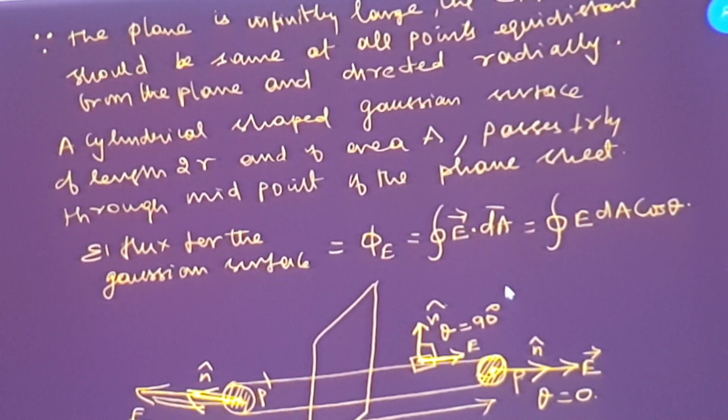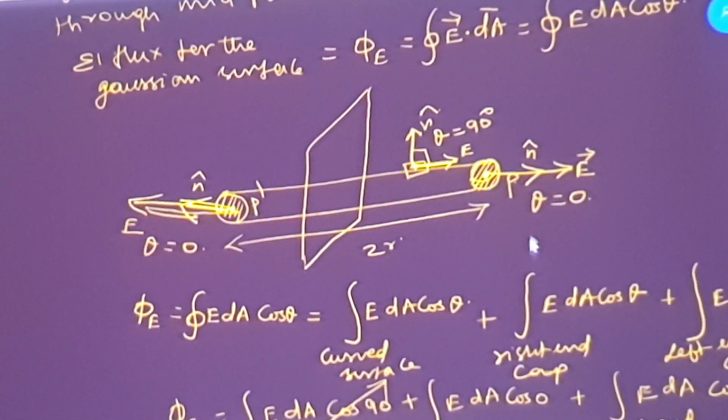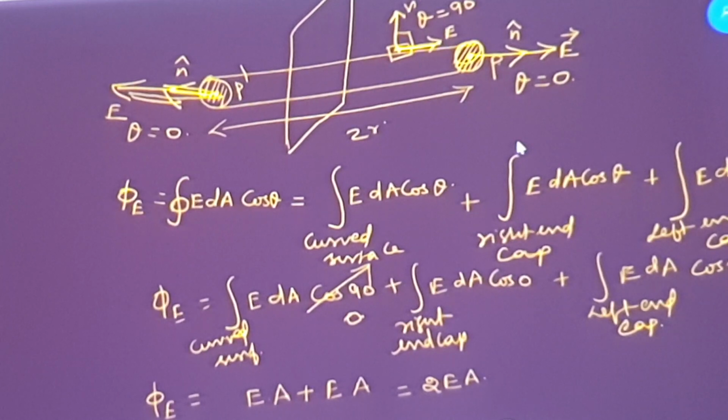This closed integral can be written as, see below I have written, closed integral of E into dA into cos theta equal to, I have removed the closed, so integral of E into dA cos theta of the curved surface plus integral of E into dA into cos theta of the right end cap or the right end surface plus E into dA into cos theta of the left end surface or left end cap.